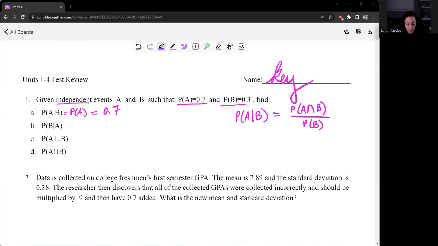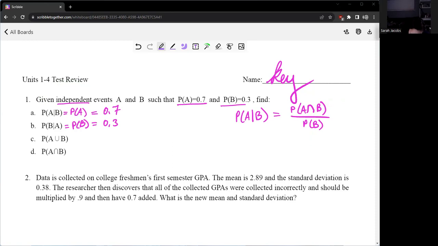So the probability of A and B is going to be, for independent events, those things multiplied. But then if you divide by the probability of B, we end up back with the probability of A. So same thing goes for this. The probability of B given A, since the events are independent, should still just be the probability of B, which is 0.3.